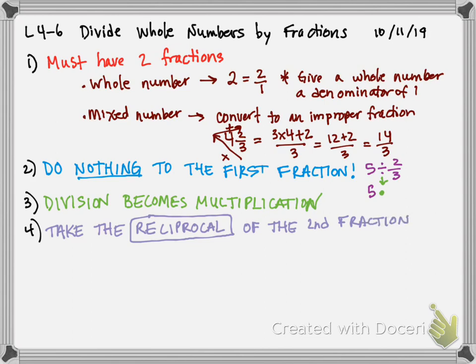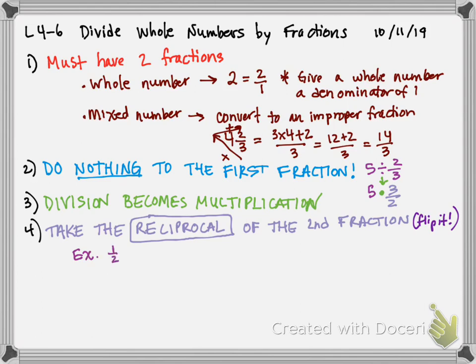Reciprocal means to do a flip. We're going to flip it. Okay, so then 2/3 becomes 3/2.